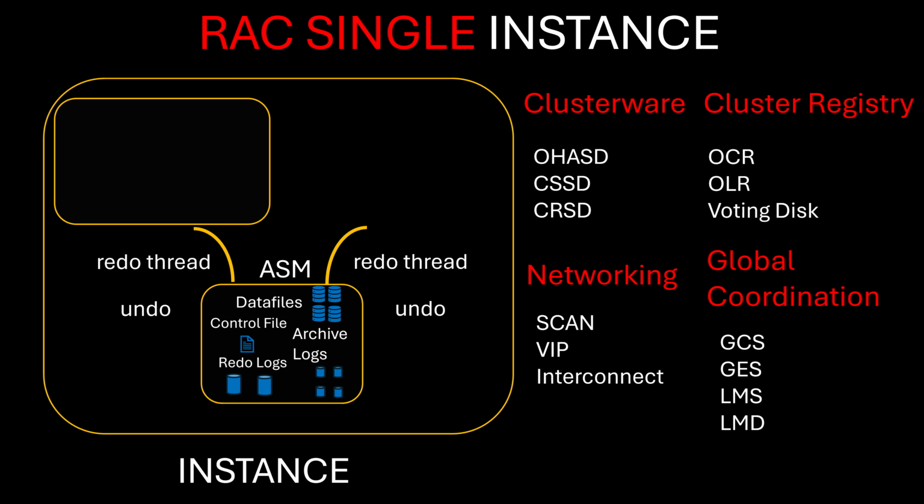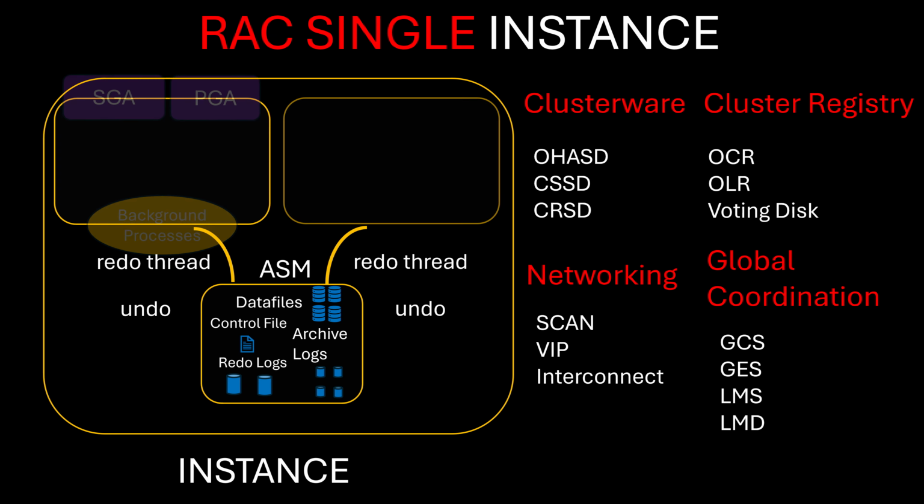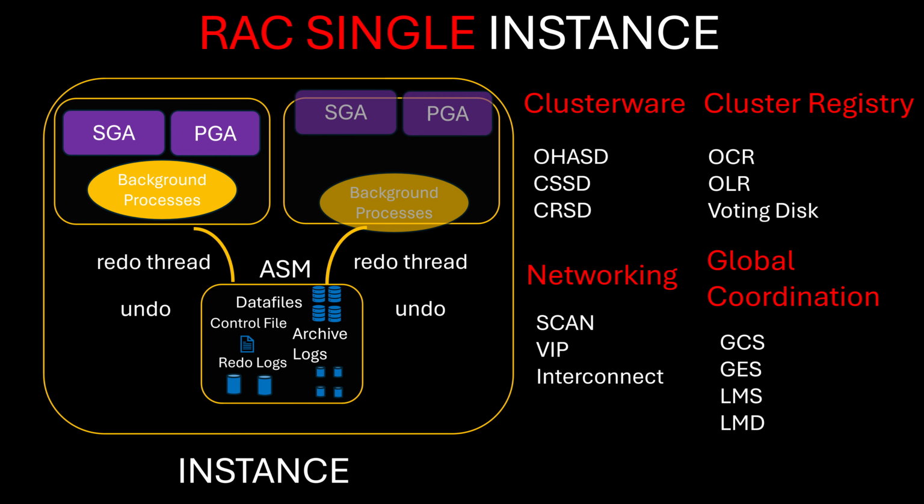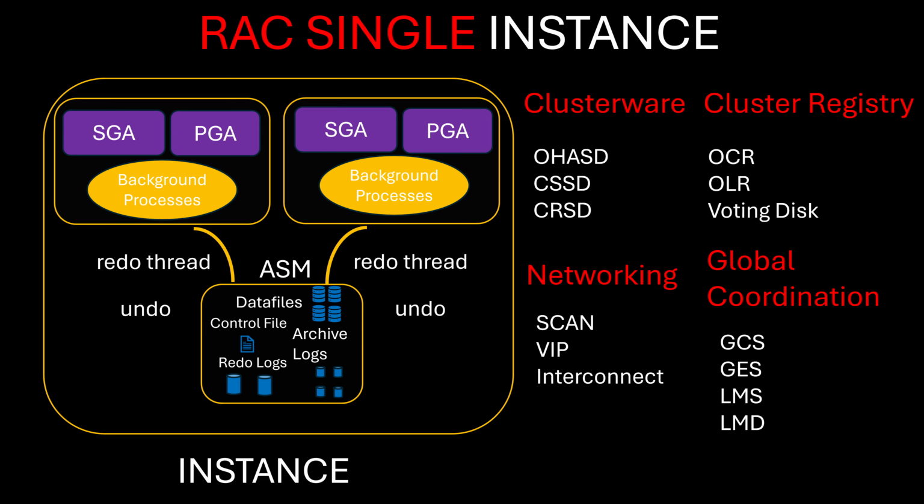Now let's zoom out and look at RAC as a complete system. Think of RAC as a city. A city needs buildings, roads, communication networks, and administration and traffic management. Similarly, RAC consists of multiple layers working together. At the top, we have the instance layer where SQL processing happens using memory structures and background processes. Beneath that, we have ASM, which provides the storage layer. Then comes clusterware, which manages and monitors the cluster.